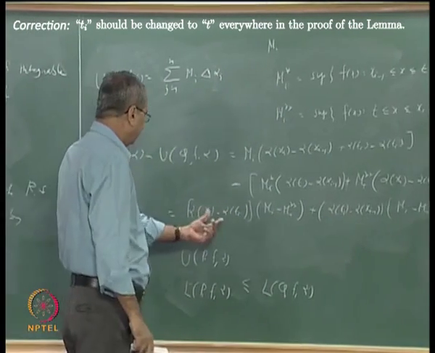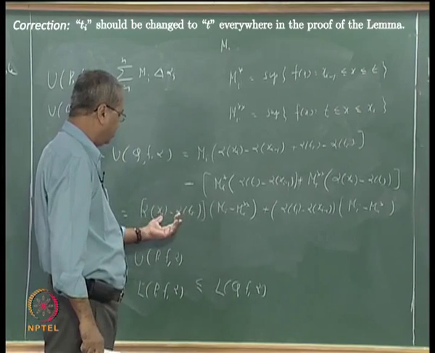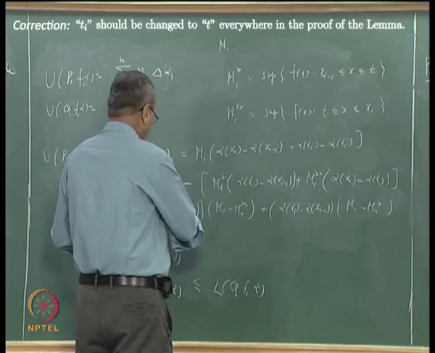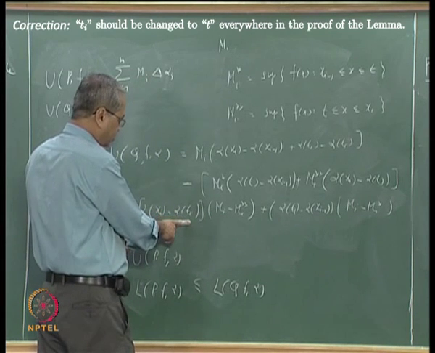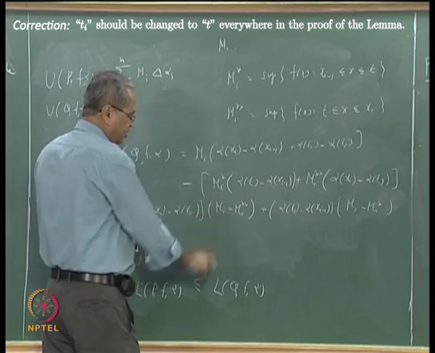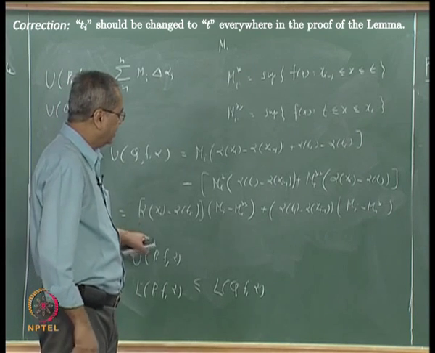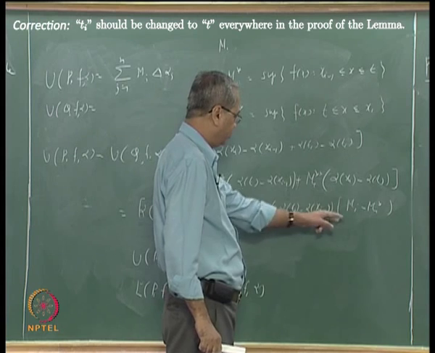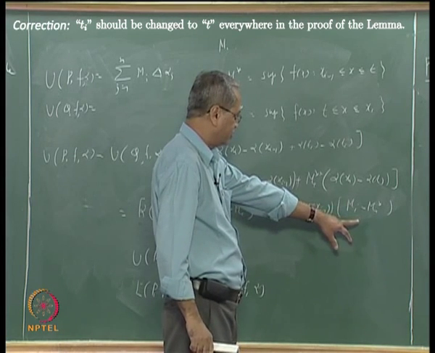And alpha(x_i) minus alpha(t) are anyway non-negative numbers because alpha is monotonically increasing. So alpha(x_i) minus alpha(t) is bigger than or equal to 0, m_i minus m_i** is bigger than or equal to 0, and similarly here alpha(t) minus alpha(x_{i-1}) is bigger than or equal to 0, and m_i minus m_i* is bigger than or equal to 0.